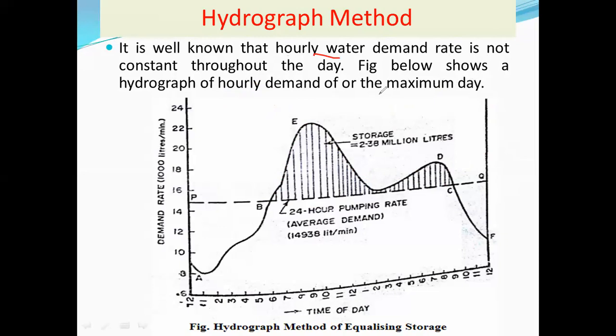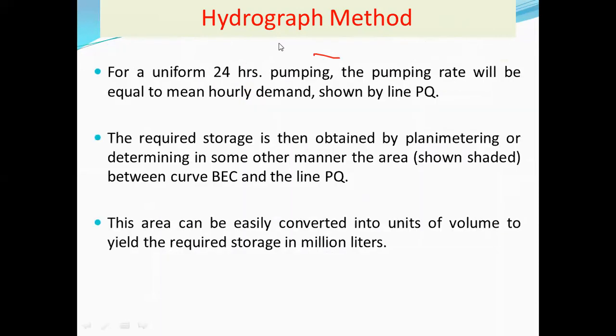Figure below shows the hydrograph of the hourly demand on the maximum day. So here you can see. After plotting the supply and demand, the required storage is then obtained by planimetering or determining the same in some other manner, finding the shaded area.